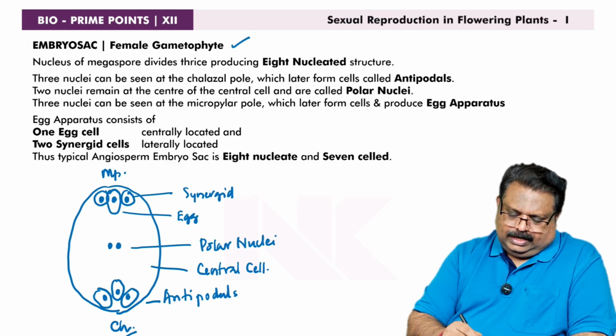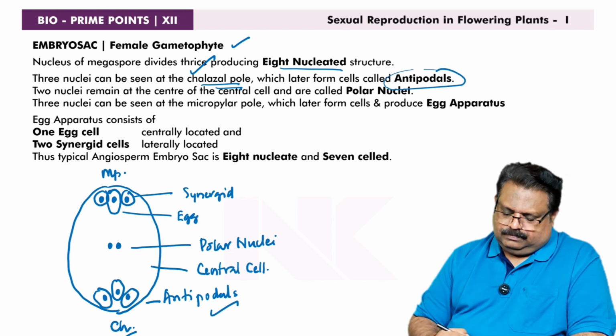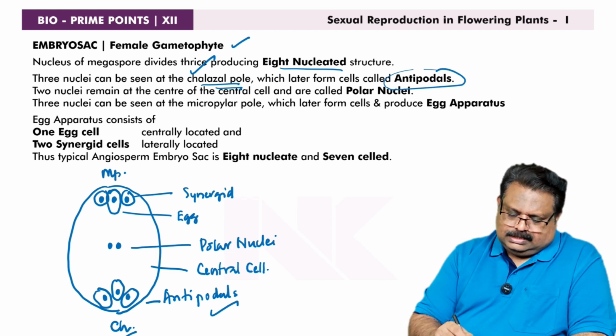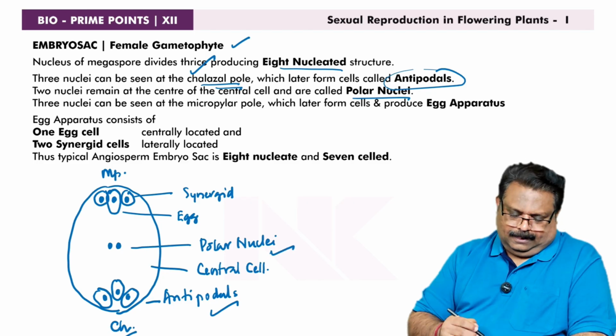Nucleus of the megaspore divides thrice, producing an 8 nucleated structure. 3 nuclei can be seen at the chalazal pole, which later form cells called antipodals. 2 nuclei remain at the center of the central cell, called polar nuclei. 3 nuclei can be seen at the micropylar pole, which later form cells and produce the egg apparatus.